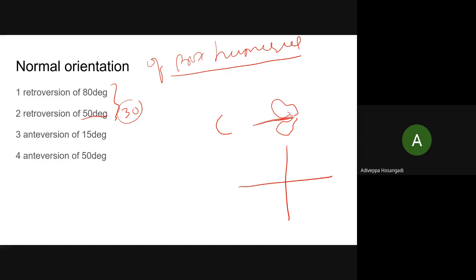This is the embryological or morphological development from quadrupeds to bipeds. In monkeys and apes, who are quadrupeds, the hip will be in antiversion and the shoulder in retroversion. Please remember that.